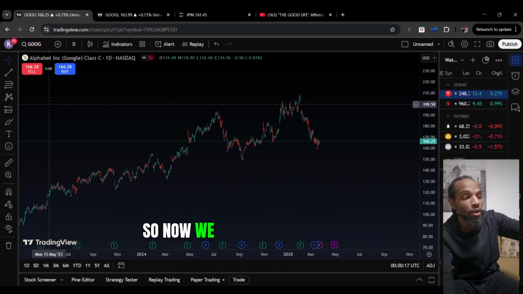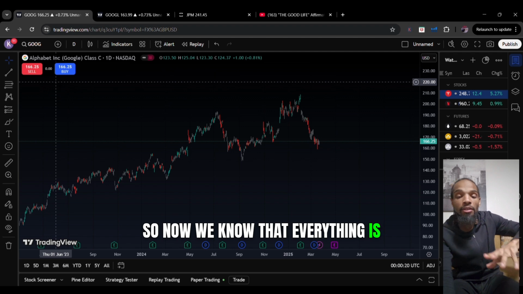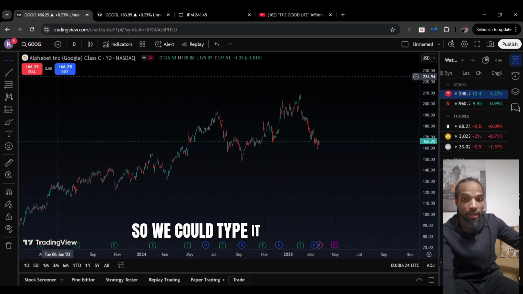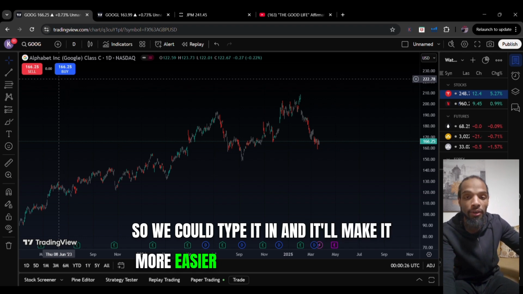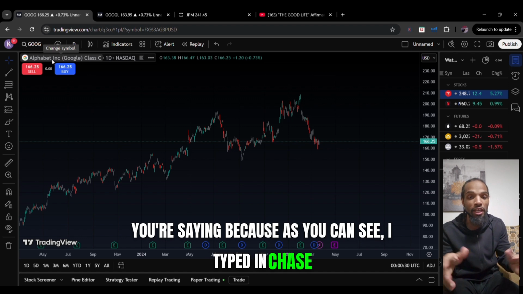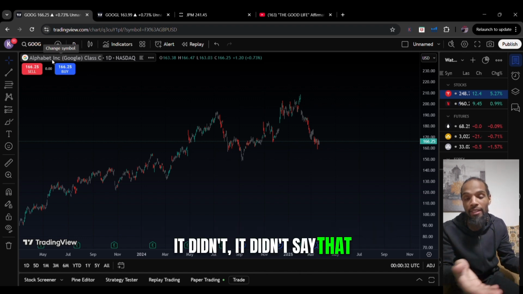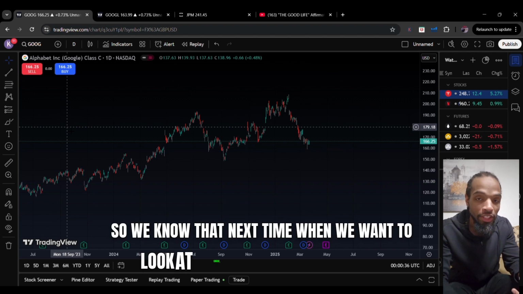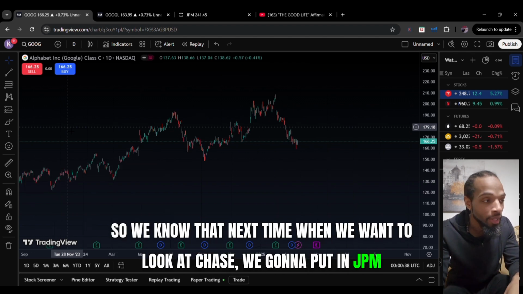So now we know that everything is abbreviated into an acronym. We need to learn what those acronyms are so we can type them in and make it easier for it to figure out what you're saying. Because as you can see, I typed in Chase. It didn't say that, it says JP Morgan. So next time when we want to look at Chase, we're going to put in JPM.